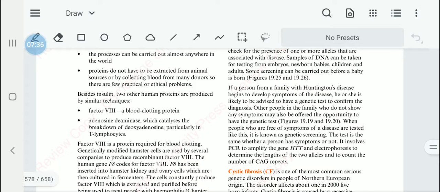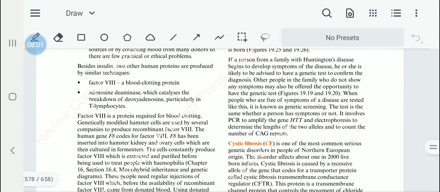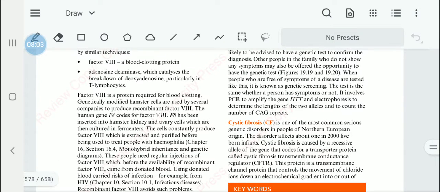By genes, they can figure out that person has Huntington's disease. Then the other people also will be asked to have this test to figure out if they are carriers. By using PCR to amplify the gene HTT and electrophoresis, they can determine the length of the two alleles and count the number of CAG repeats, and by this they can figure out if they are carriers.